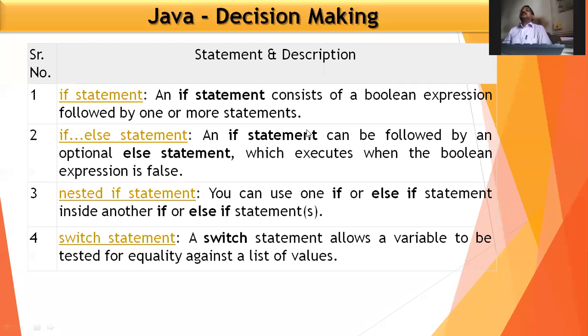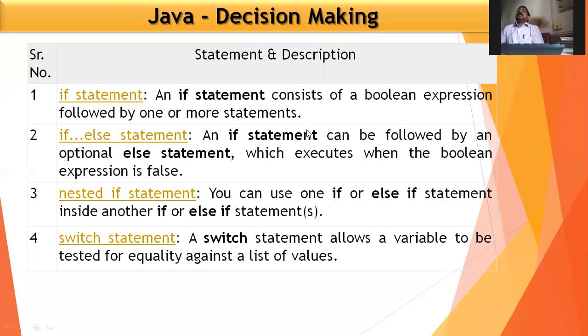Again, these statements are very similar to the C language. So Java and C are very similar, but Java is a purely object-oriented language, and C is only a procedure-oriented language.